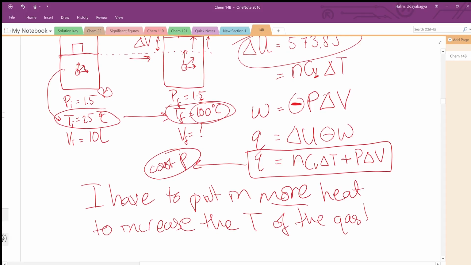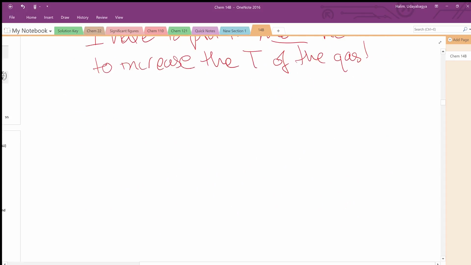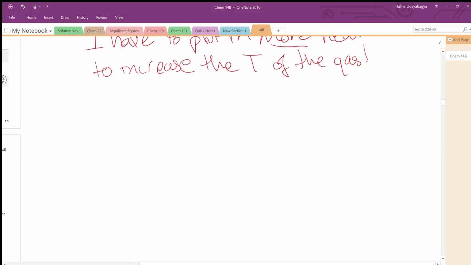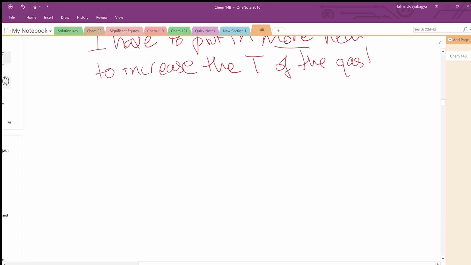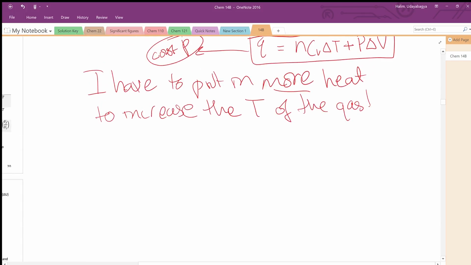So instead, around the 16th century, people figured out, okay, I can actually make another equation that takes into account the fact that gases expand and so on.